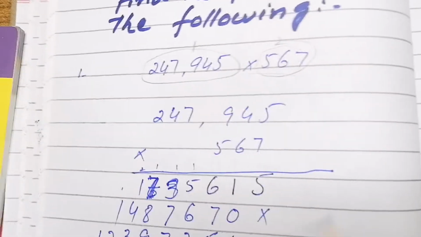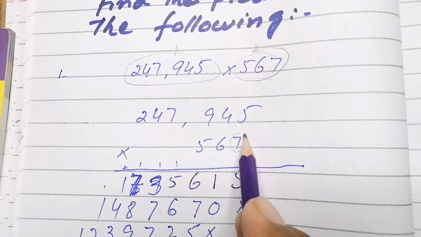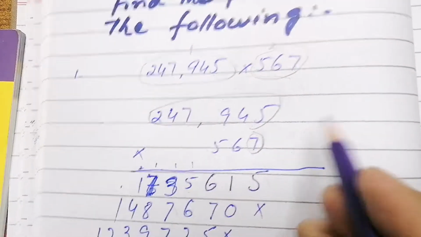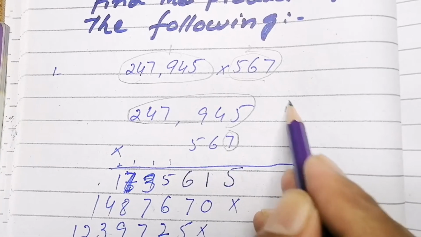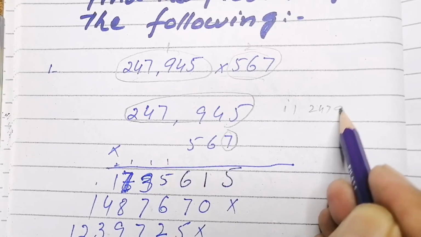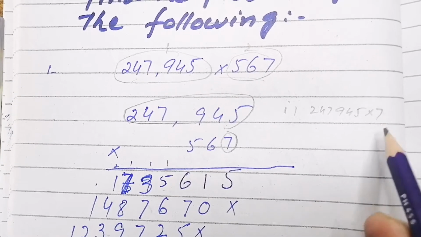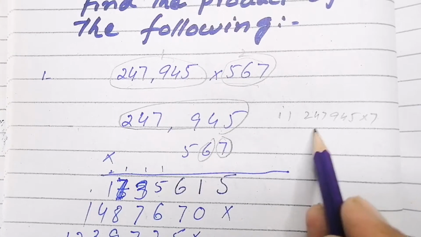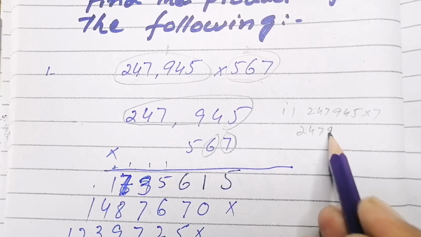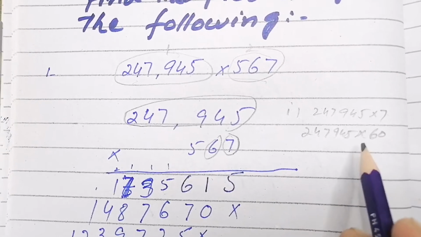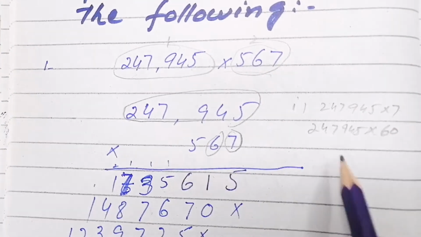So first we multiply 7, which is at unit place, with all the numbers, right, as it is given in the example also. First is that you multiply 2, 4, 7, 9, 4, 5 with 7. Then second number 6 again is multiplied with 2, 4, 7, 9, 4, 5, multiply by 60, right, at tens place. 6 is at tens place.